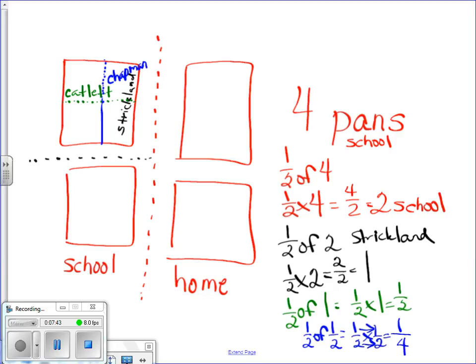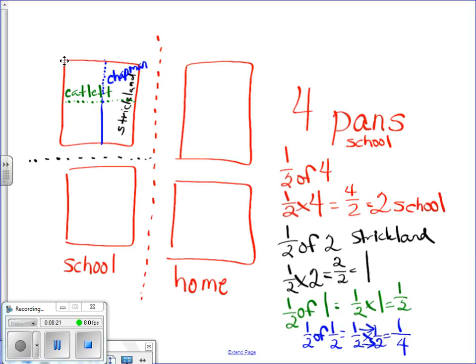Every time you take that piece by a half, they get smaller. If I took my piece of paper and folded it in half, I have 2 pieces. I take that half and fold it in half again. I took that 2, and now I have a half of a half, and I have 4.